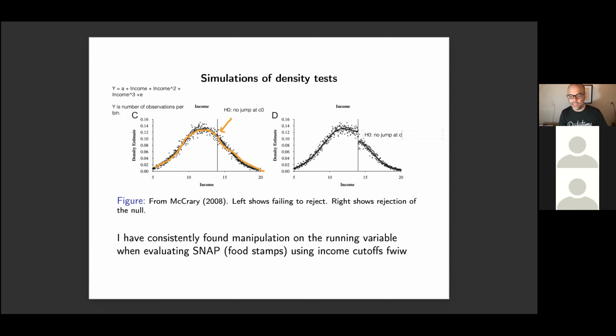No jump at C0. We likely reject this null because visually I can see the jump. For some reason, there are a lot of people who make just enough income to qualify for this program.